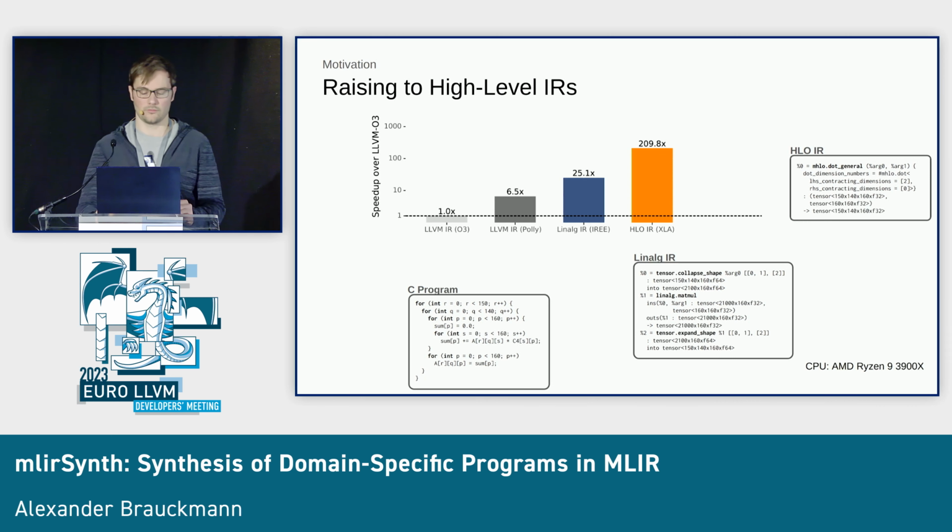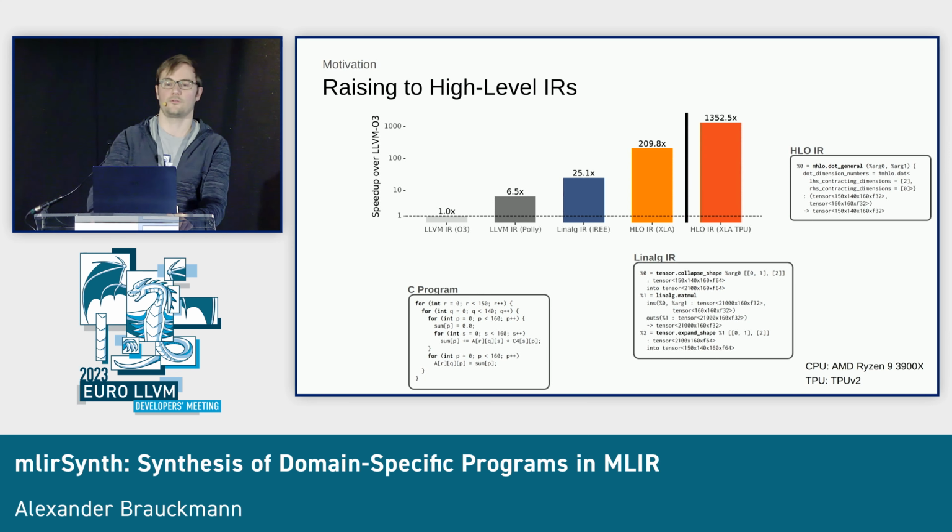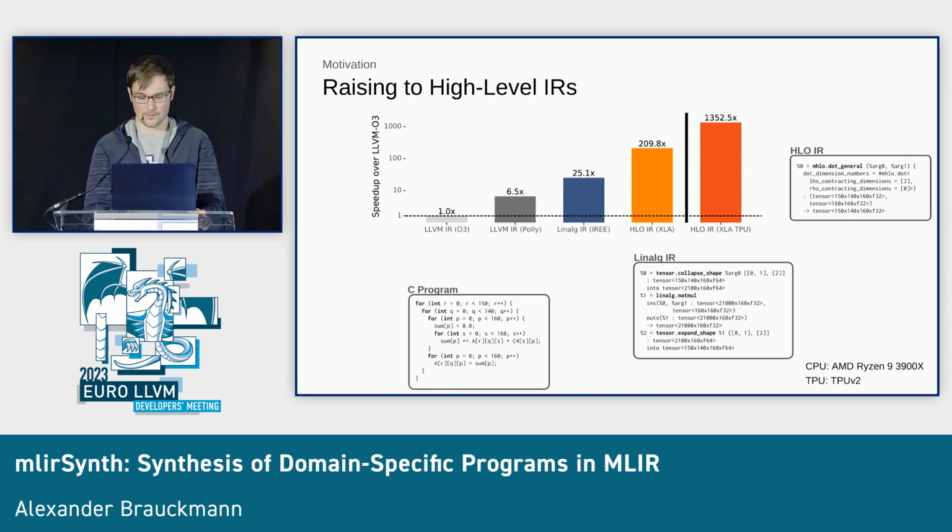If we rewrite it in an even higher level dialect, the HLO dialect, we get even higher performance of 200x. In fact, we can also offload it to an accelerator that runs HLO, and we get over 1000x speedup, which is really high.